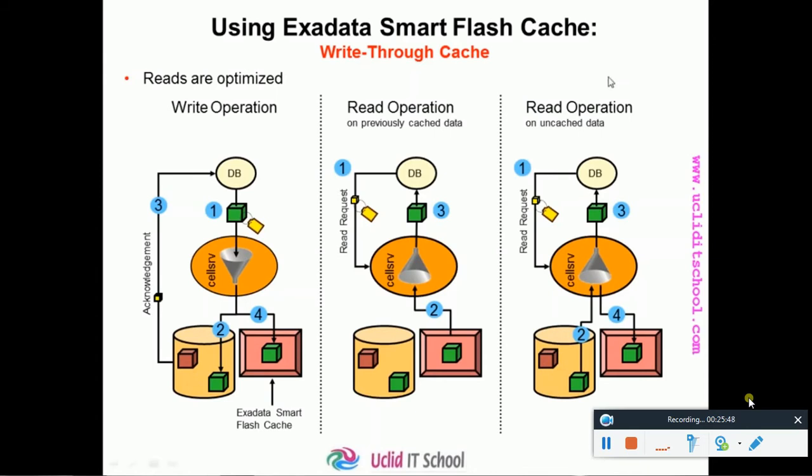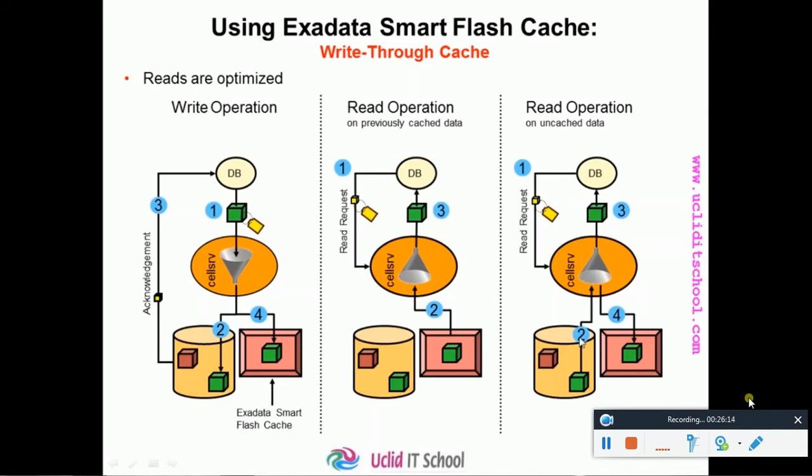Now let us see the third scenario, where the data block is not present inside the flash cache. Again the database server sends a read request. The cell server has to read it from the disk because it is not present in flash cache.